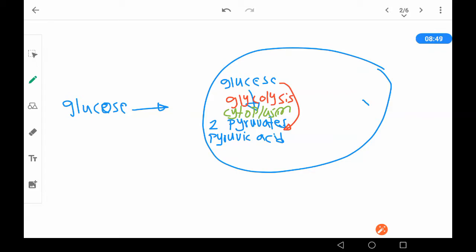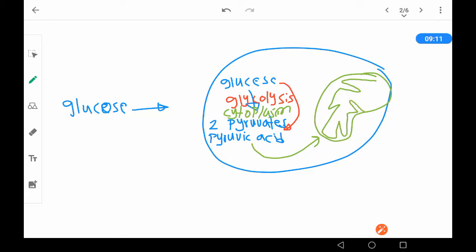Then these 2 pyruvate, or pyruvic acid, will enter into the mitochondria. This is our mitochondria, in which we have 2 membranes, as I said. The inner membrane, or cristae, has many foldings.